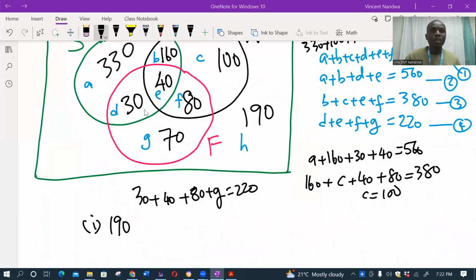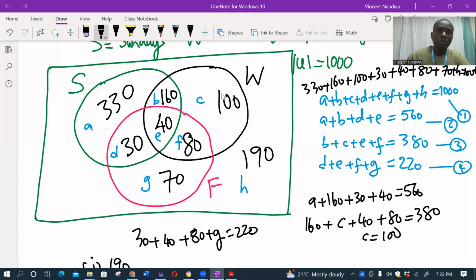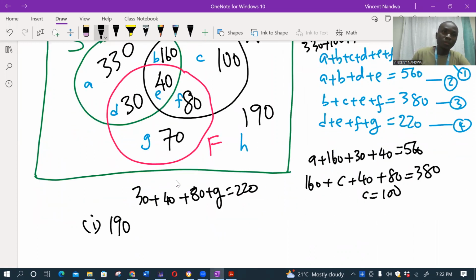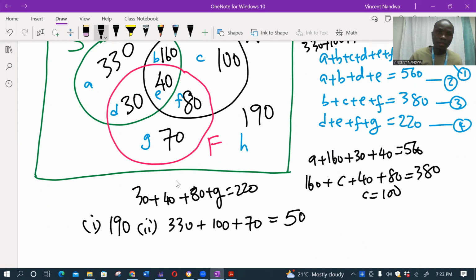Exactly 1 day means you either like Sunday alone, Wednesday alone, or Friday alone. So that will be part A, which is 330, plus part C, which is 100, plus part G, which is 70. That is 500. So this gives us 500.